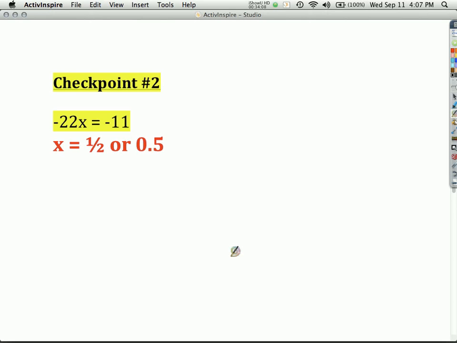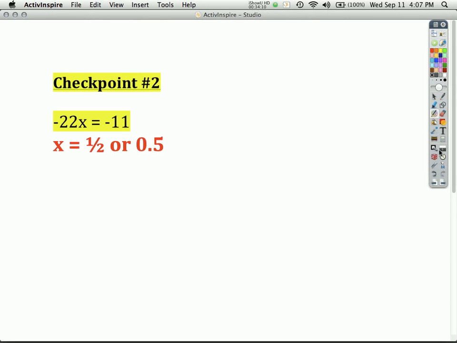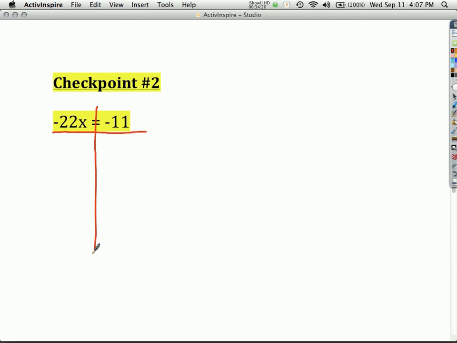It's positive 1/2. So let's explore why we seem to get so confused, because you did exactly what I said not to do, I think. You draw your T, and we're going to divide both sides. What are we going to divide by? Edgar? Negative 22. We're going to divide by whatever number is here, written down here.